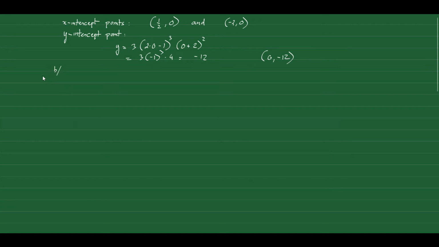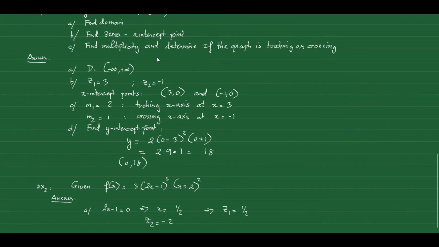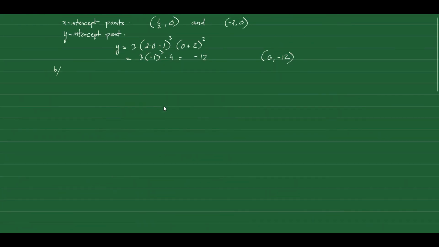Now we want to find the multiplicity if you want it. Find the multiplicity and determine whether it is touching or crossing. So m1 will be 3, right? 3 is odd, so it will be crossing the x-axis at x equal a half.